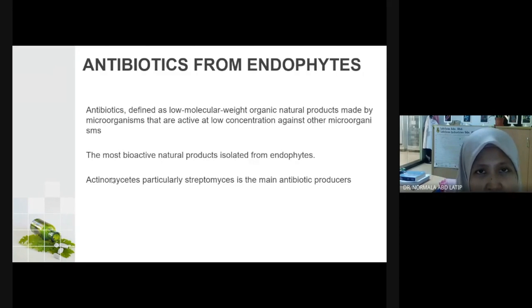For example, Streptomyces species, for which there is now so much research, as the main antibiotic producers. For example, they are now developing antibiotics against methicillin-resistant Staphylococcus aureus and also other pathogenic microorganisms.